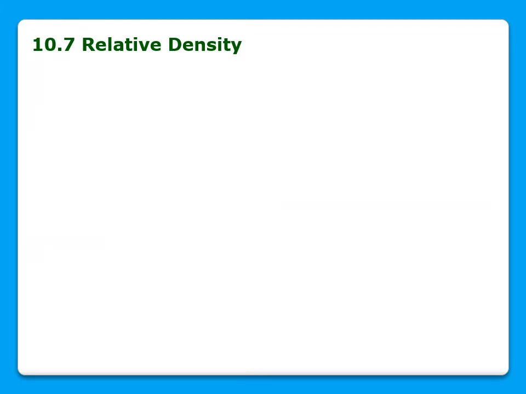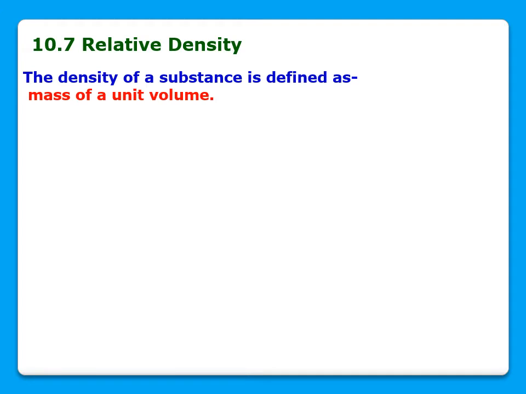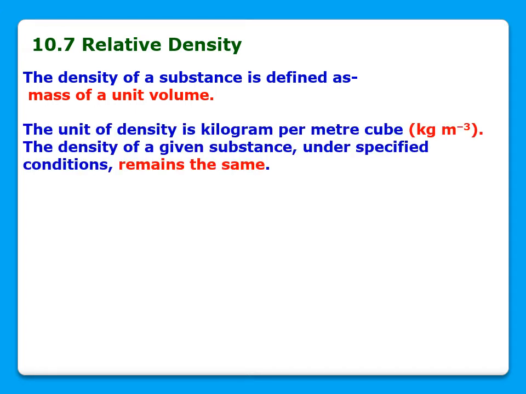The next topic is relative density. The density of a substance is defined as mass of a unit volume. The unit of density is kilogram per meter cube, and the density of a given substance under specified conditions always remains the same. It is not changed.